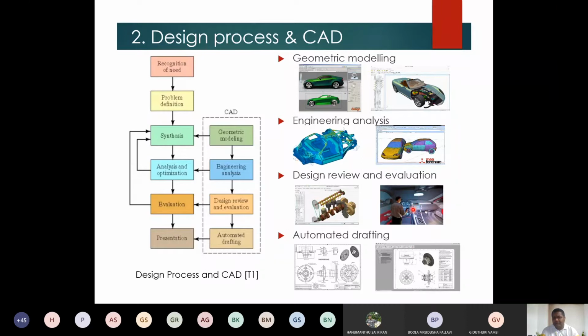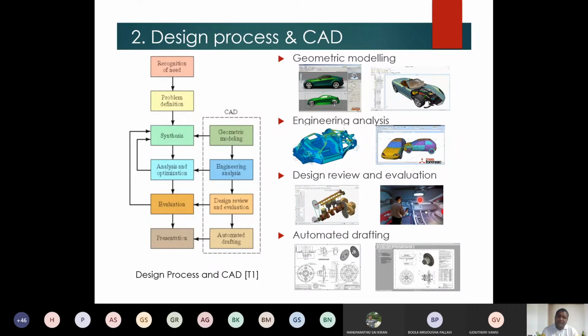For example, if you look at this picture, nowadays it is possible, even without manufacturing the final product. With the help of virtual reality technique, this person can see how the interior of a car looks, even though the car is not yet manufactured.